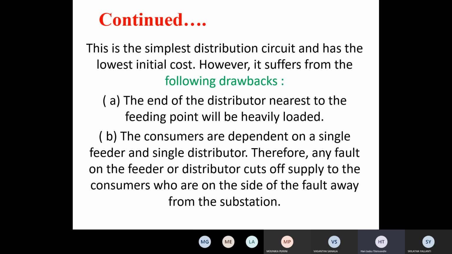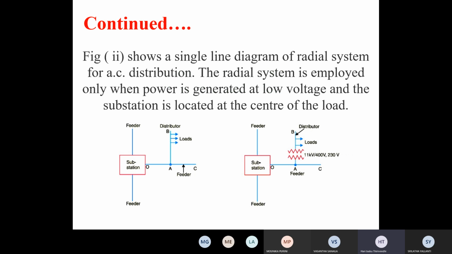So suppose power is shut down, the consumer does not depend upon another feeder. Whenever power is given again by the distribution company, up to that time the consumers may wait. That is the big problem. Consumers do not depend on the remaining feeders.